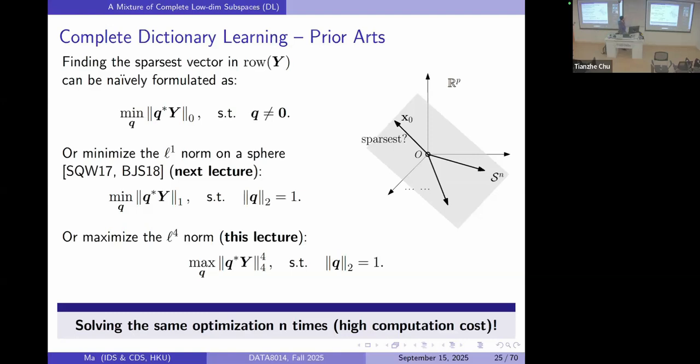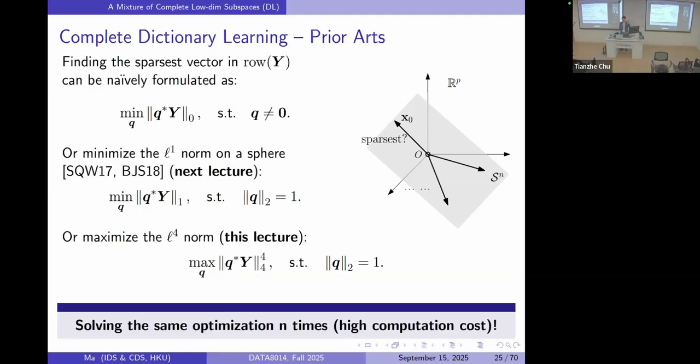Of course, there are n rows here. D inverse has n rows. Each row will recover one row of x. So I repeat this n times, and I should be able to find all the rows of x. Now the question becomes, can I find a q corresponding to the first row of D inverse?